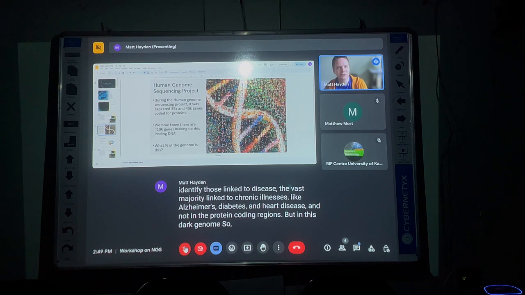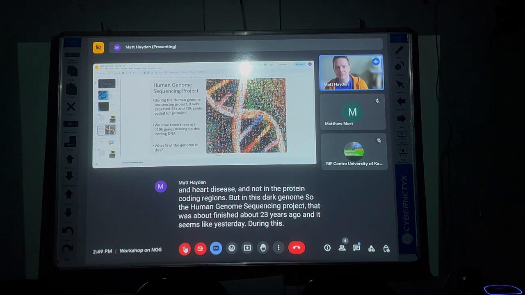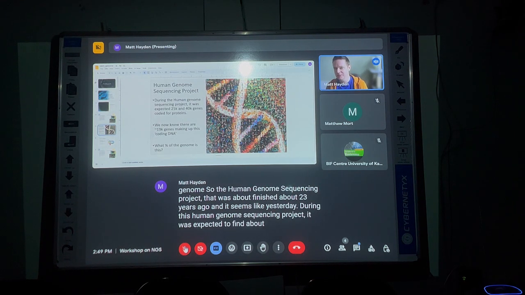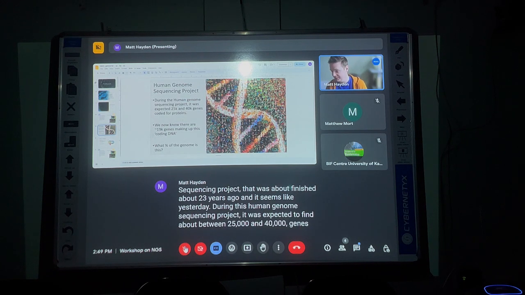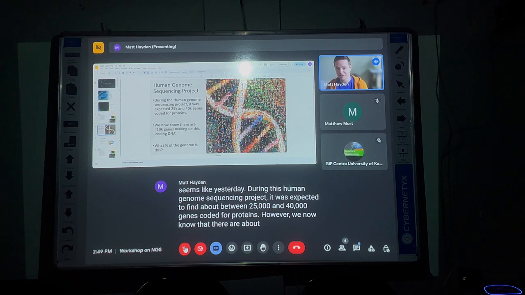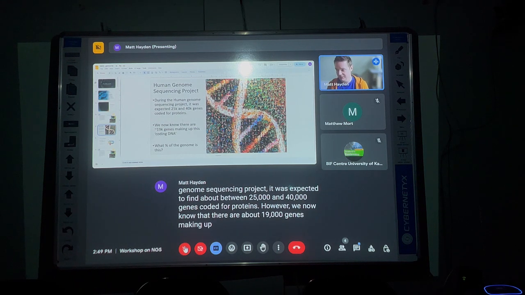So the Human Genome Sequencing Project was finished about 23 years ago, it seems like yesterday. During this project, it was expected to find between 25,000 and 40,000 genes coding for proteins. However, we now know that there are about 19,000 genes making up the coding region of the genome.